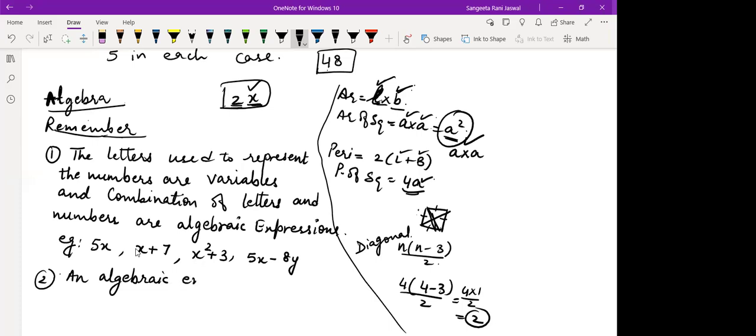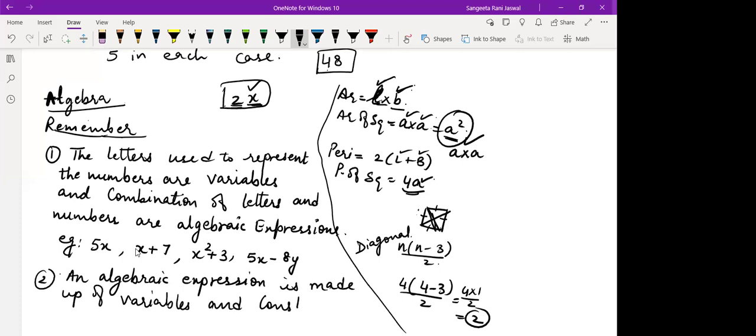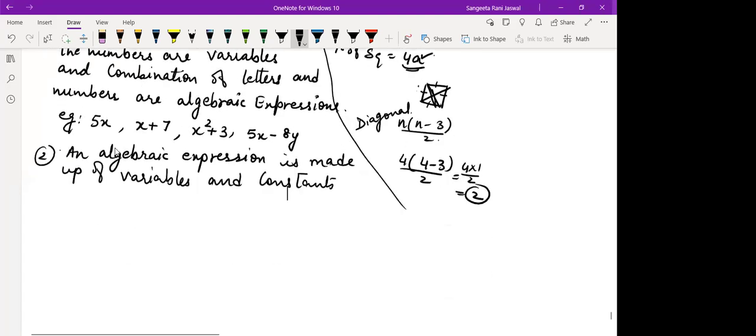Okay, an algebraic expression is made up of variables and constants along with operations.